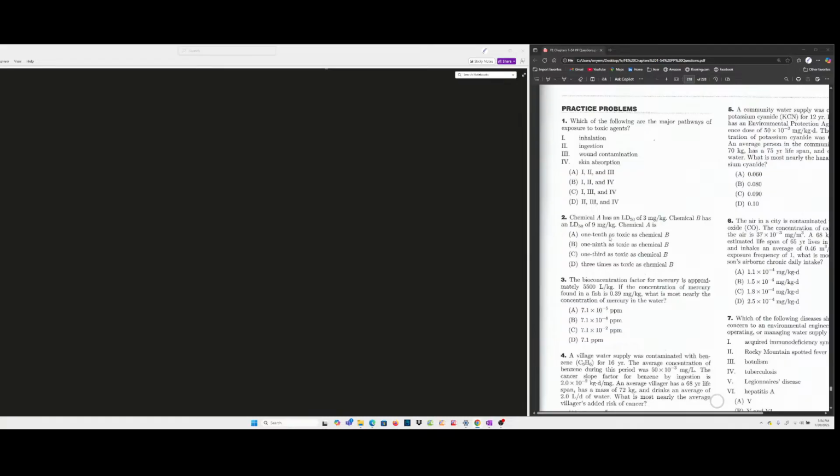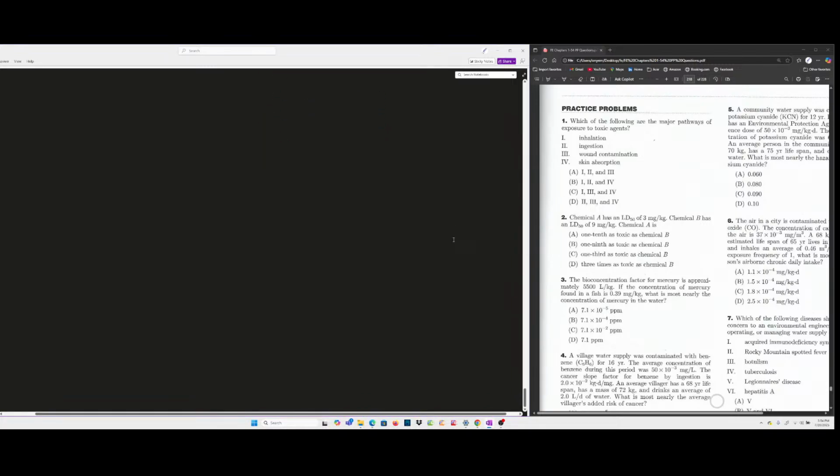No. 1/3 as toxic? No. 3 times as toxic as chemical B? Yes, so D is the answer. The lower the LD50, the more toxic it is. So 3 times, because it's 9 divided by 3, so it's 3 times more toxic since it has a lower LD50.